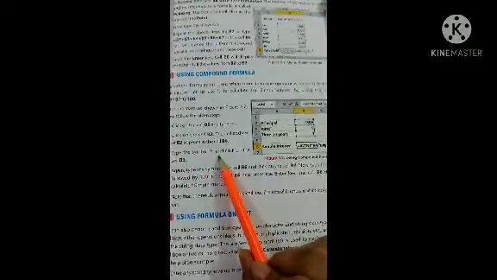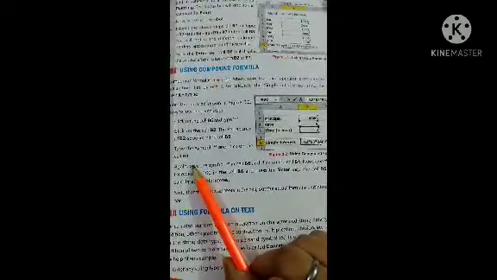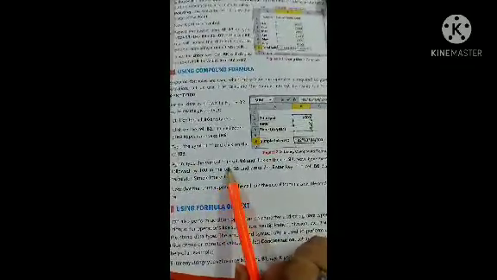B means column and 6 is the row, so B6 is the cell address. Type the multiply symbol, then click on the cell B3.